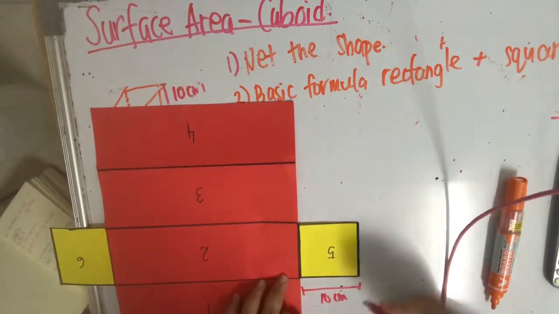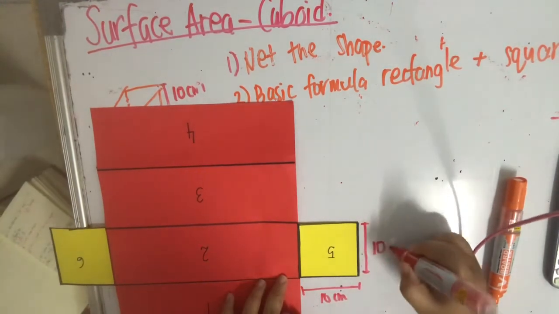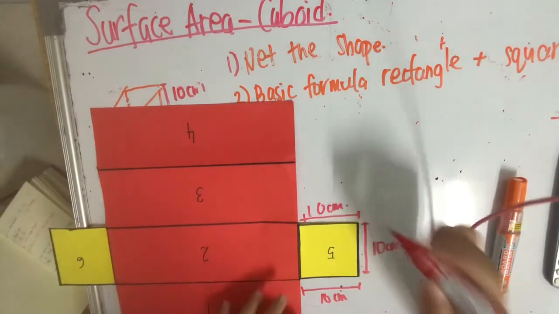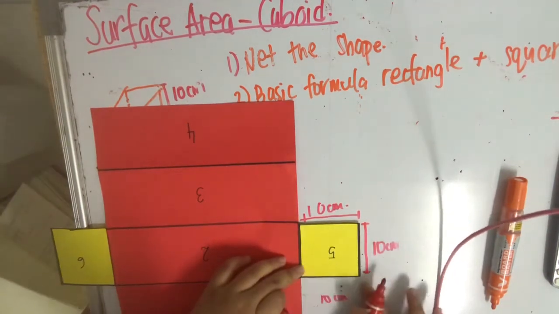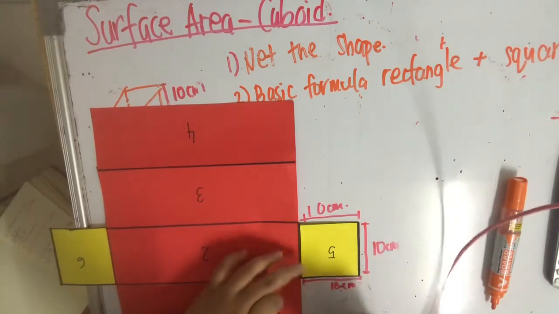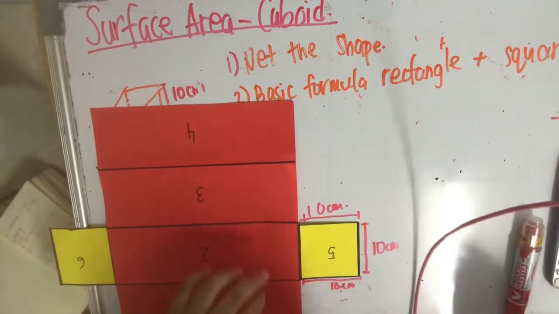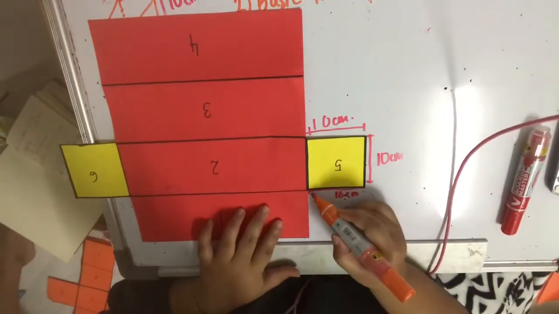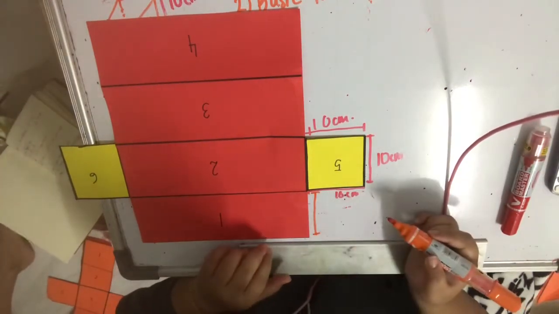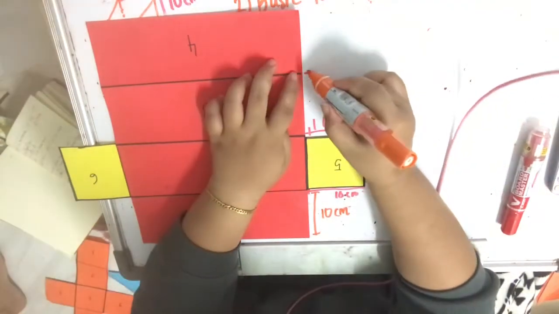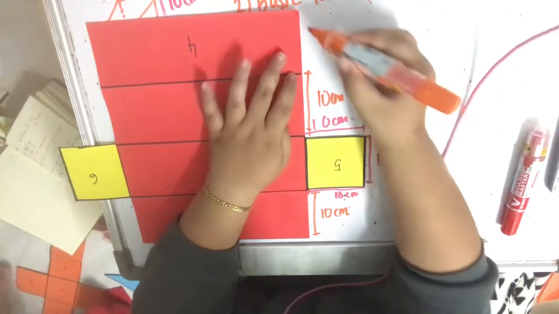If it's a square, all of this is 10 cm, and here is also 10 cm. Therefore, from here to here is 10 cm, and this part from here to here is also 10 cm. This is also 10 cm. This is also 10 cm.